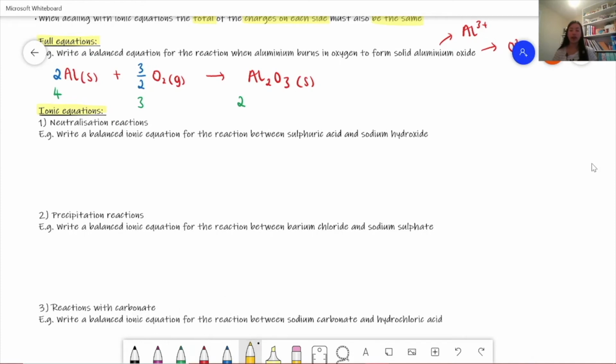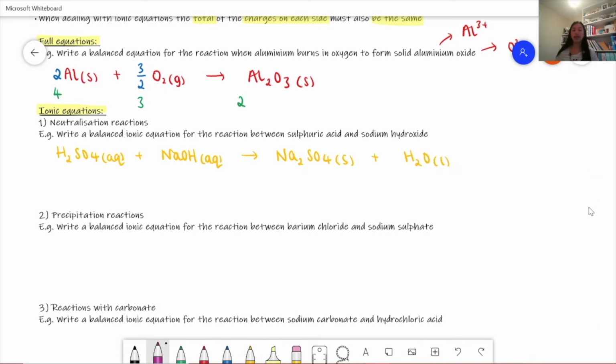So what we have is sulfuric acid, which is H2SO4, and it's going to be aqueous. And we're going to react it with some sodium hydroxide. And this is going to form the salt sodium sulfate. Because sodium is in group 1, we need 2 of these because our sulfate ion is a 2-. And this is a salt. And then we also have water forming.